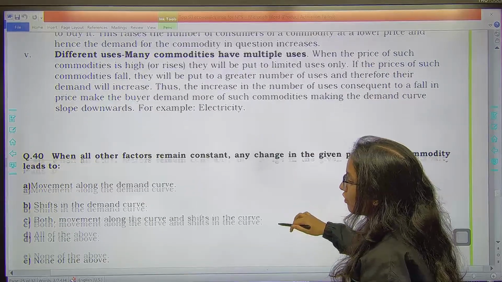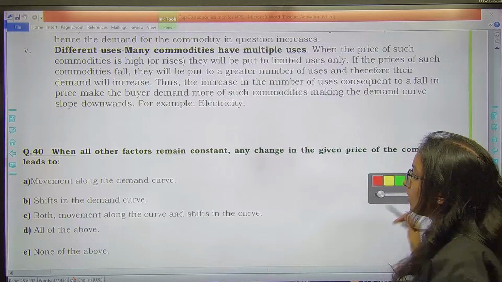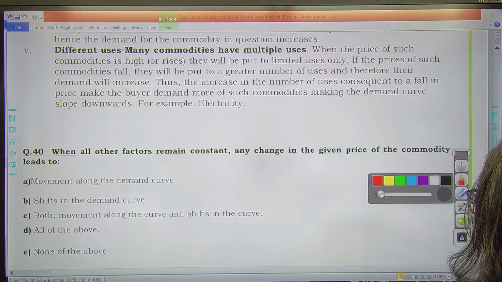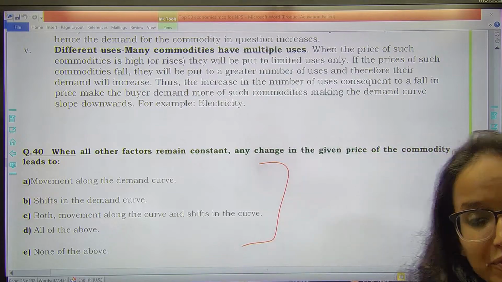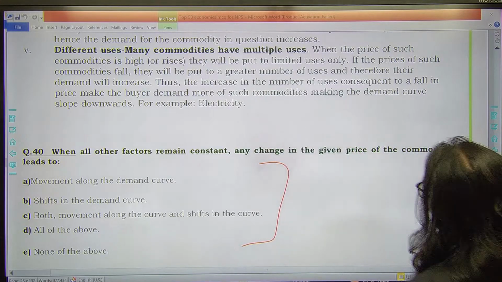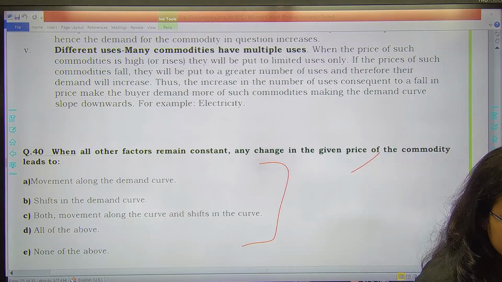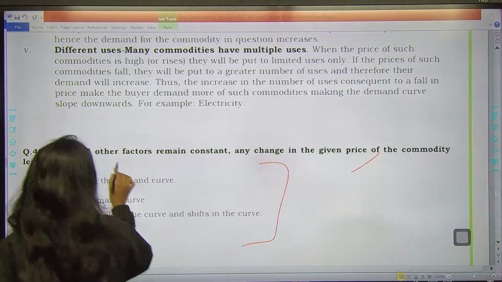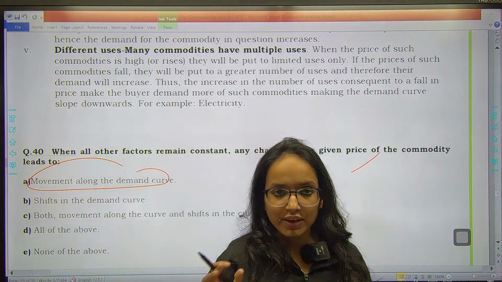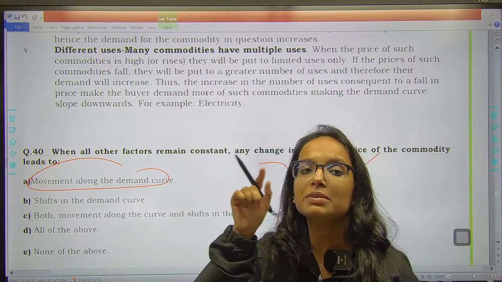Then next is question number 40. When all other factors remain constant, any change in the price of the given commodity leads to what? This is very basic. I have told you again and again that whenever only price changes and other factors are constant, there will be movement along the demand curve, right?